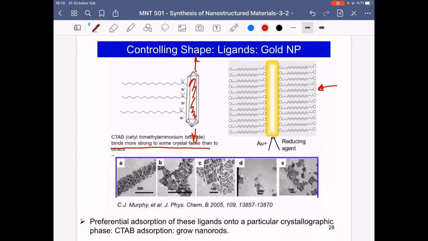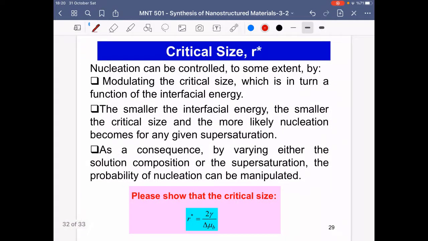So preferential adsorption of these ligands onto particular crystallographic faces, like CTAB adsorption, ends up giving you nanorods. This is how you control the nanoparticle shape, and an example of how to do that.